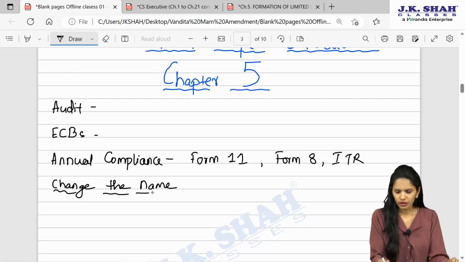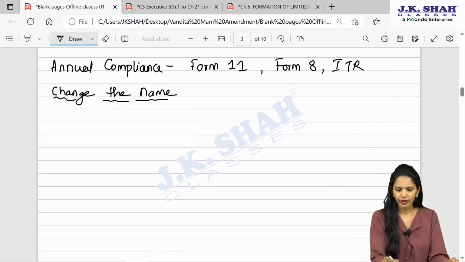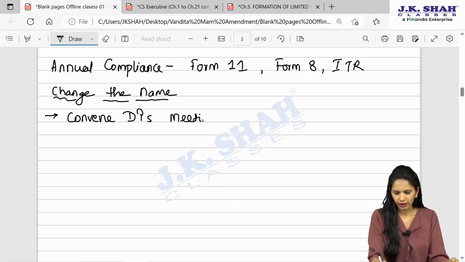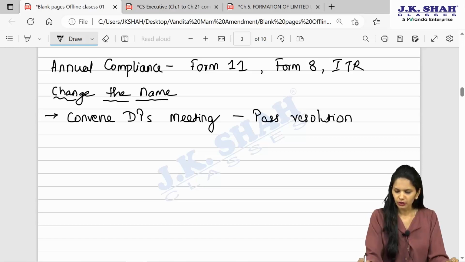Okay, now in order to change the name of LLP, what all points you need to write is, first of all, you need to convene the partners meeting, that is, designated partners meeting. In that you have to pass the resolution. Now we need not mention whether it's ordinary or special, because this is not company law which is applicable.